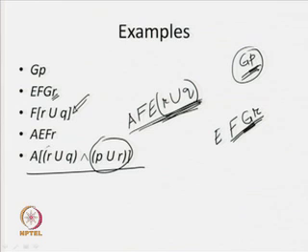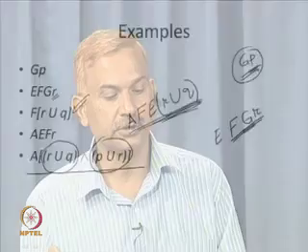Similarly, R until Q is also a temporal formula, but not a CTL formula, because this until operator is not preceded by any path quantifier. Since these two components are not CTL formulas, their conjunction will also not be a CTL formula.